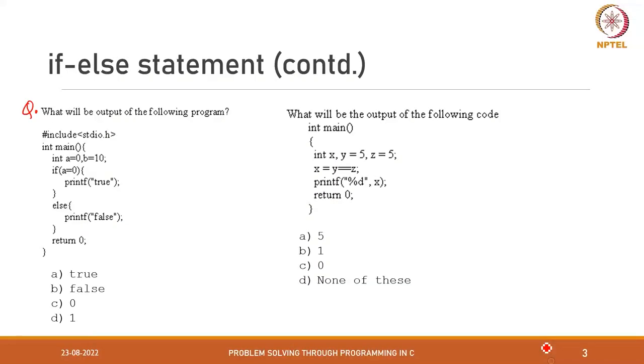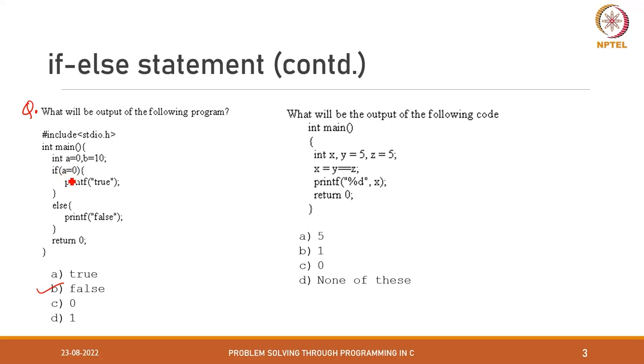Okay, so answer here will be option B. Because in this particular step, you can see that we have this if a equals 0. So instead of writing a double equals 0, which would be the relational operator, we have written simply a equals 0. So that means a value of 0 is being considered here in the if condition itself.